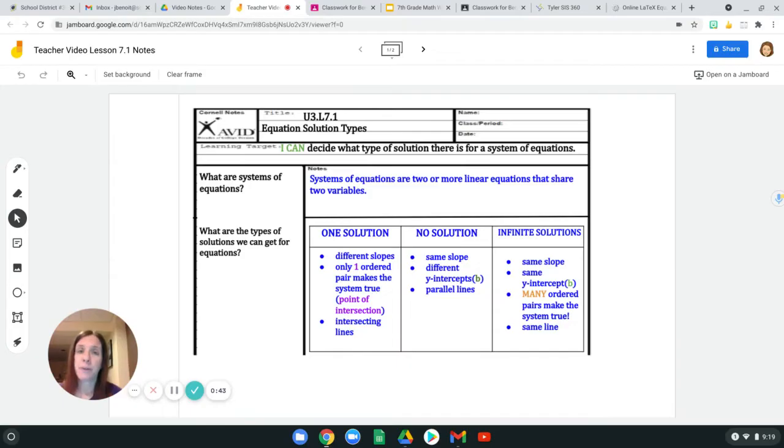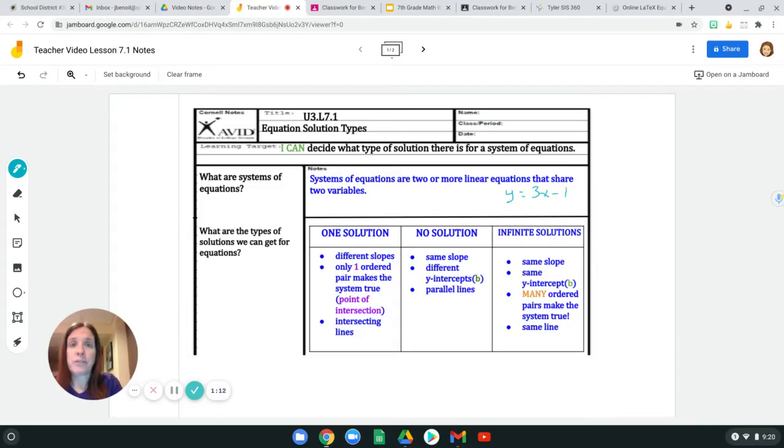What are systems of equations? Systems of equations are two or more linear equations that share two variables. So we've been working with linear equations, and linear equations are equations that make a line. The most common form that we looked at was slope-intercept form, where we had equations that said y equals something like 3x minus 1.